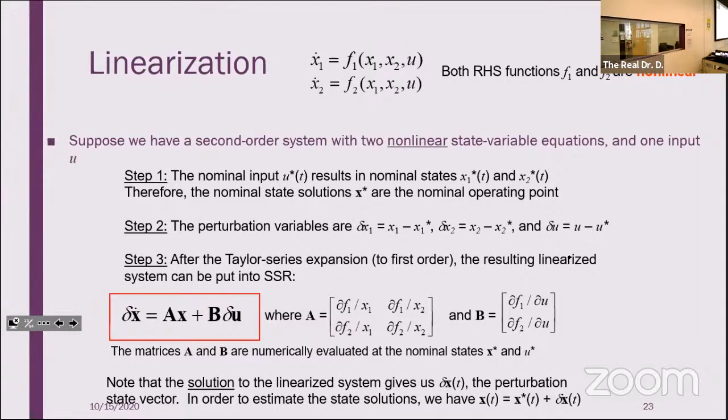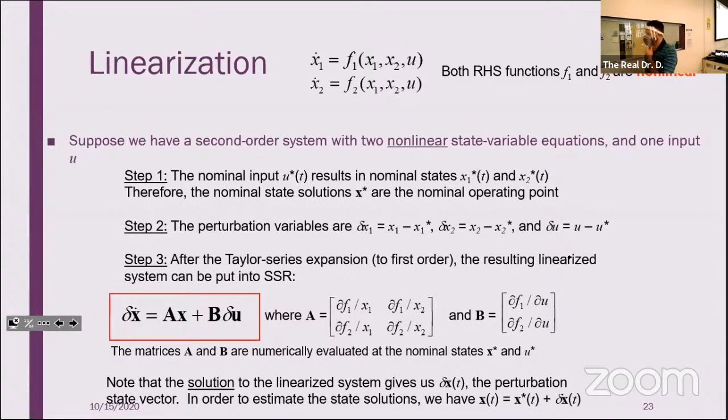For each equation that's nonlinear, you linearize it, and you can throw it into state space. If you throw it into state space as is, you'll get delta x dot out, so you'll have to repurpose it. Okay, let's go over this, and we'll talk about another way of thinking about linearization.